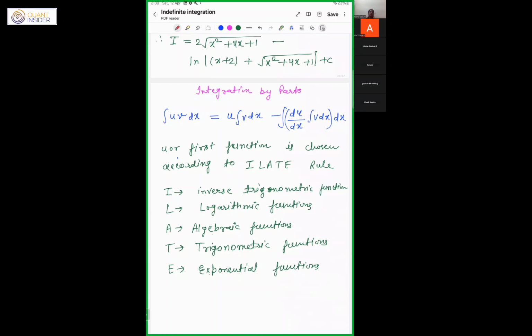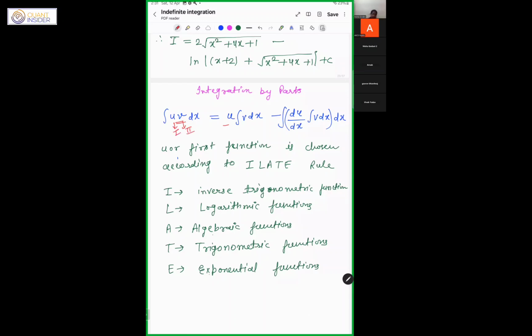If you have to integrate a product of two functions, suppose these functions are u and v, which are functions of x, and you are integrating the product of these two. So this is defined as u and integration of v. Here we write u, v as first and second function. Suppose u is your first function and v is your second function.